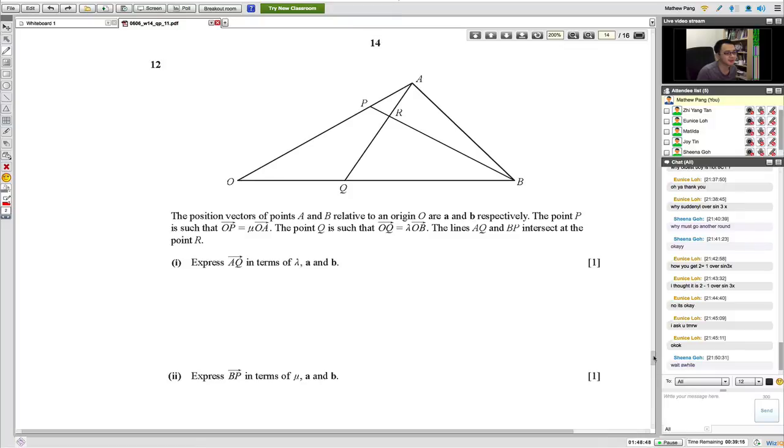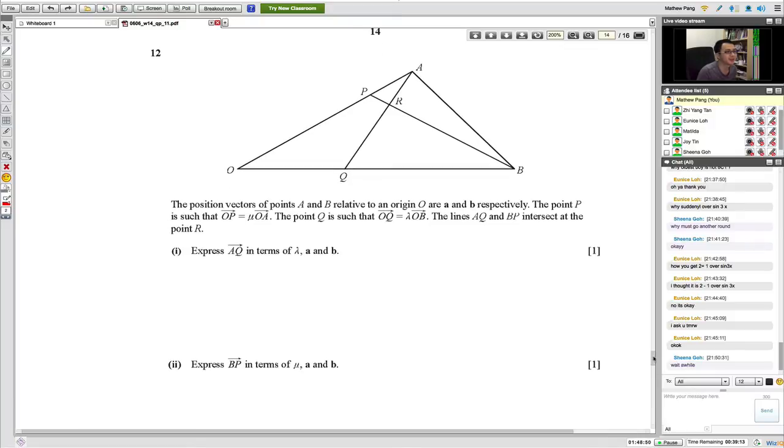Yeah, Sheena, what happened? Okay, so for some of you, if you haven't done the vector, now you can try to digest a bit how to do the vector.